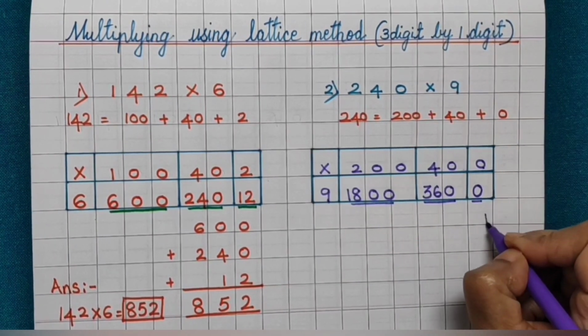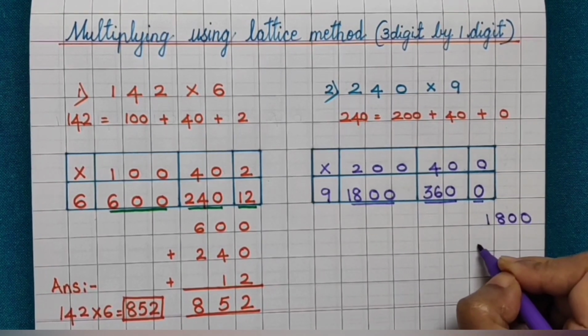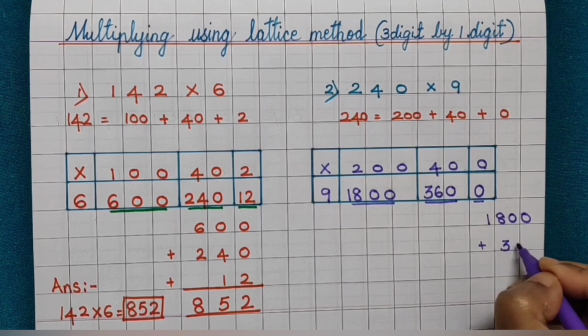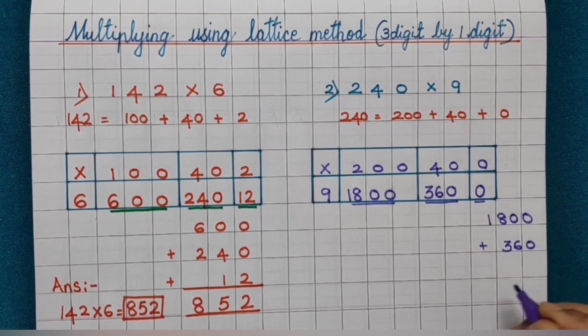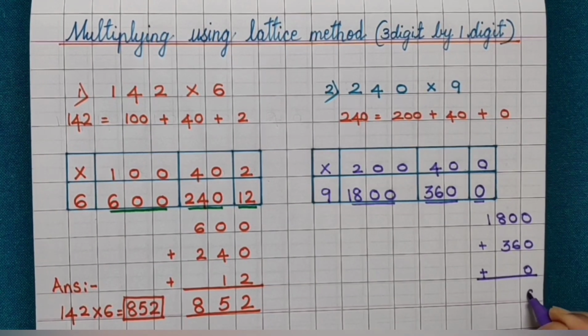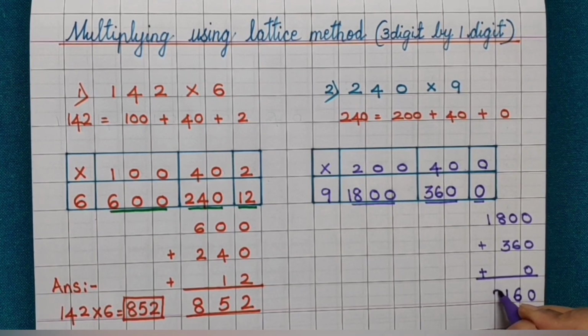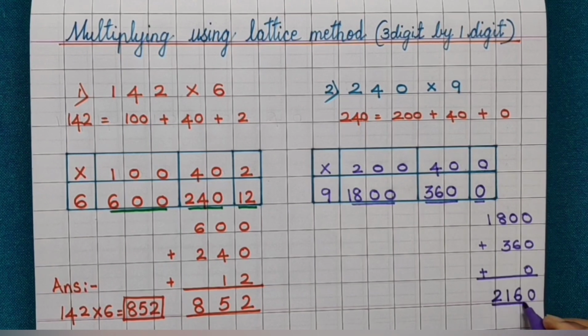So 1800 plus 360 plus 0. 6, 8 plus 3 is 11. So the answer is 2160.